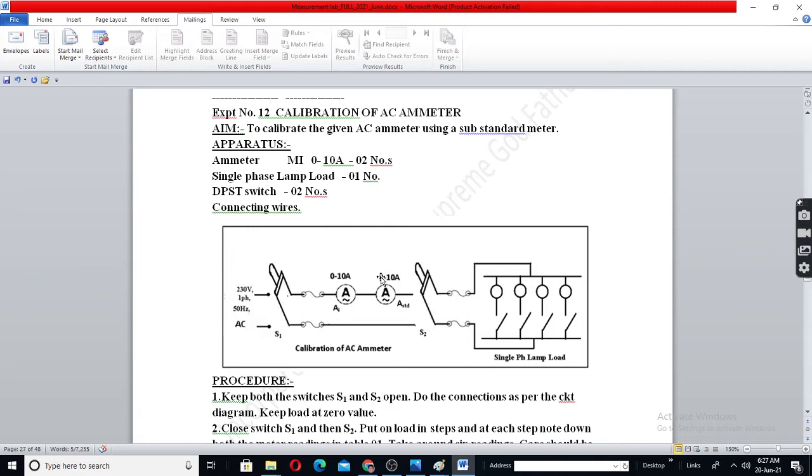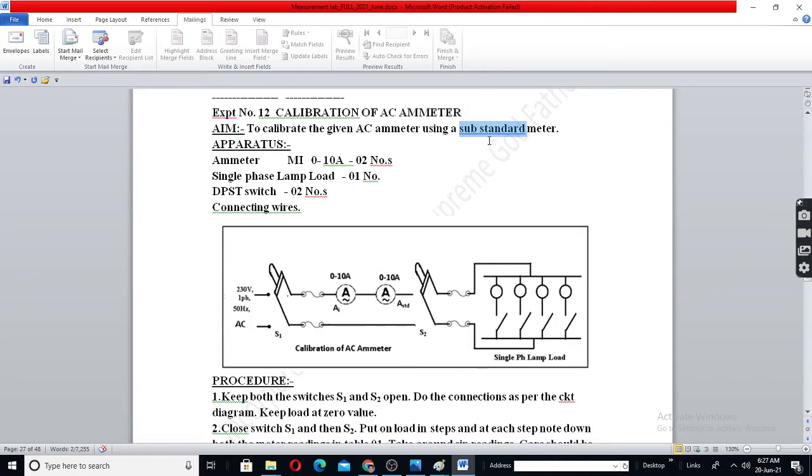So we will have one right or good instrument which we call as substandard meter or standard meter. See why it is called as substandard meter. So we have two meters here, A1 and A standard.